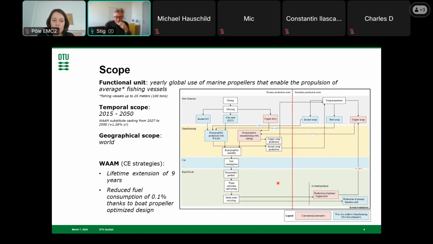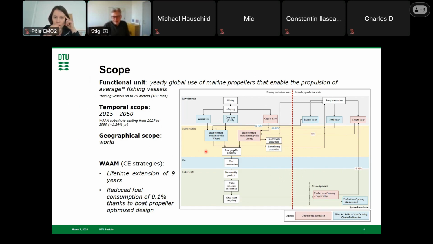And the WAAM strategies will be a lifetime extension of the propeller of 9 years by using this hard layer of Inconel. And as I said before, when we use this 3D printing, we can optimize the design of the product.